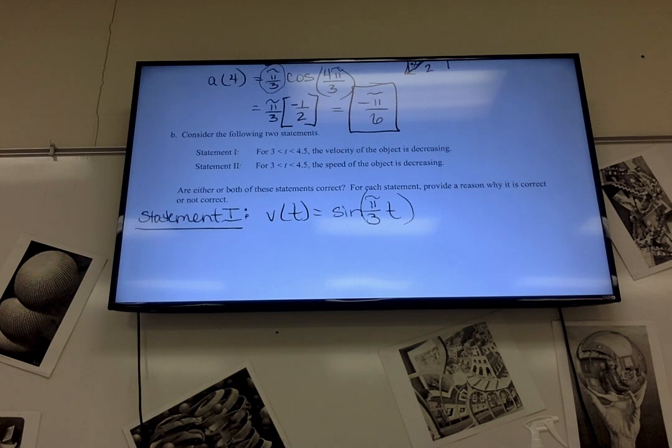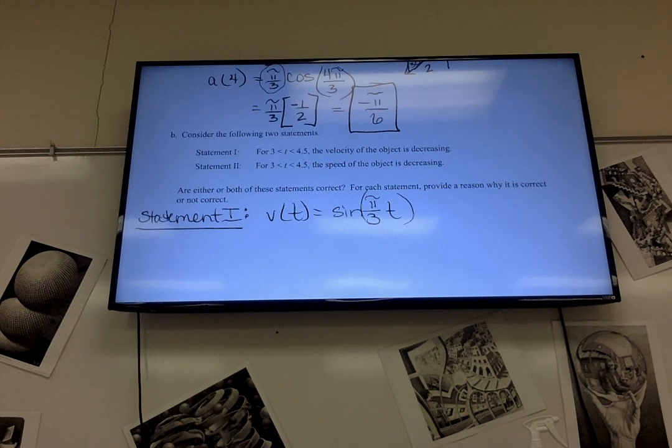V of t, if velocity is positive, that tells us what direction it's moving. If velocity is positive, it's going to the right. To find out if it's increasing, that would be the slope of the velocity.